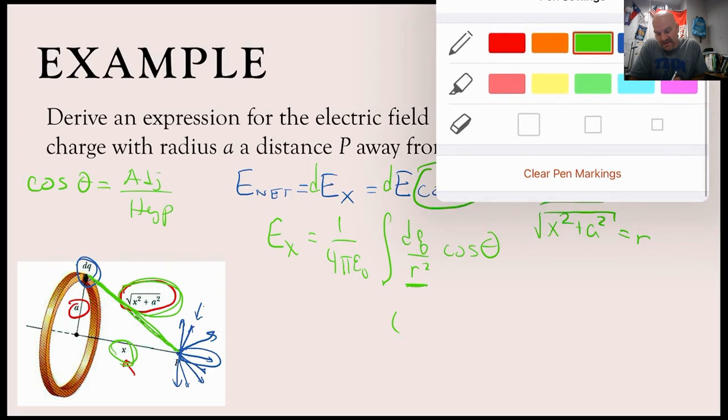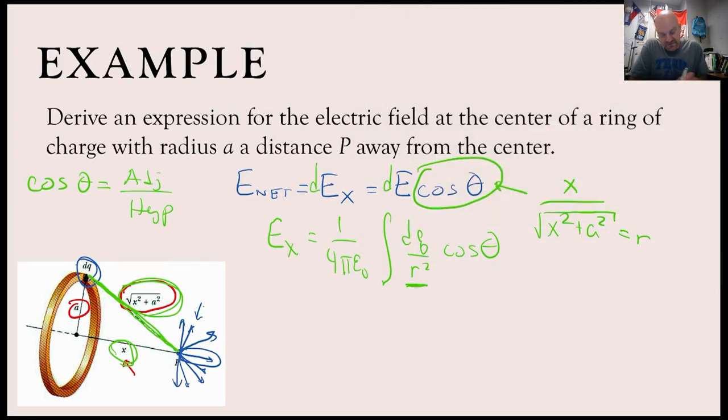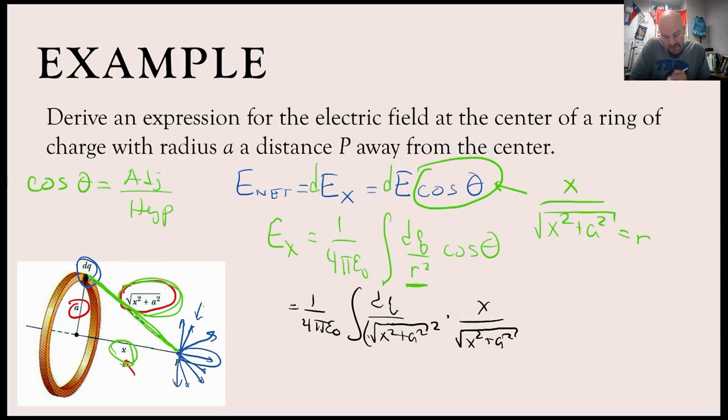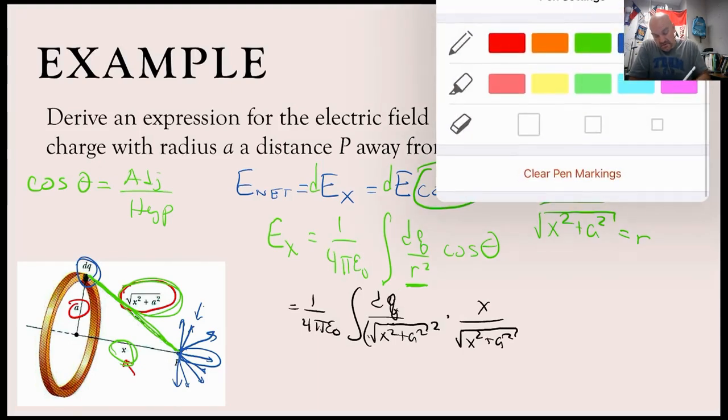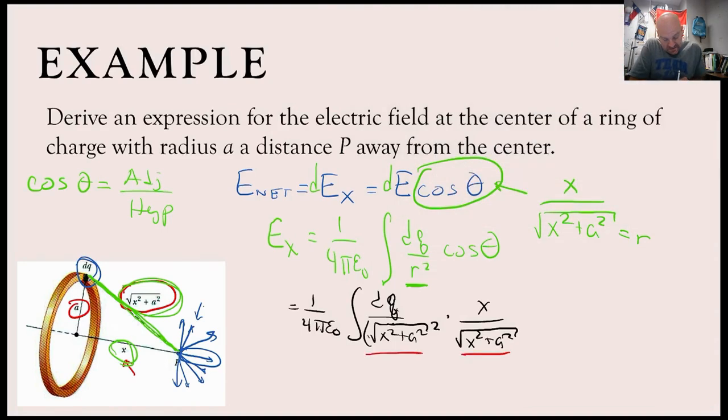A lot of these end up being substitution type problems. So we would have 1 over 4 pi epsilon naught, integral of dq over the square root of x squared plus a squared, times x over the square root of x squared plus a squared. Everything else is constant, so we can pull all that out.